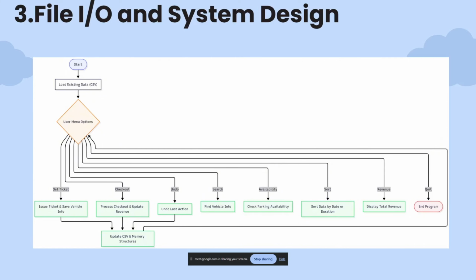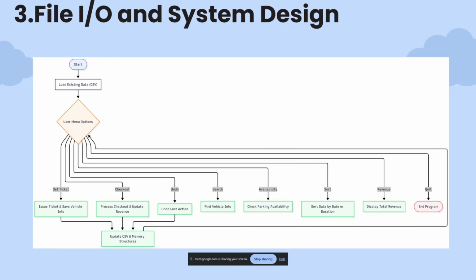Fifth is check the vehicle zone availability. There are two zones, one for cars and another for motorbikes. And the sixth is sort based on the vehicle types, and we could sort by entry time, by duration, and by status. We could also calculate the total revenue, and then we could exit and clear the page.